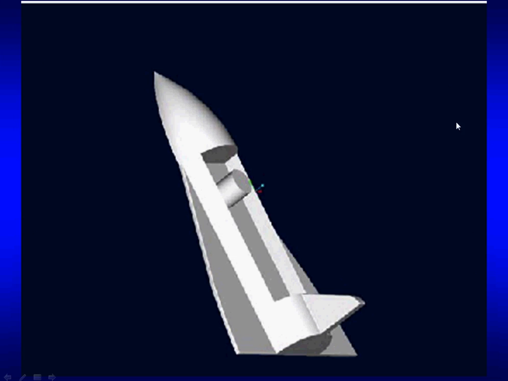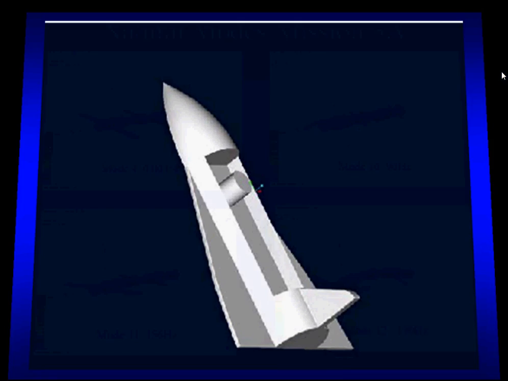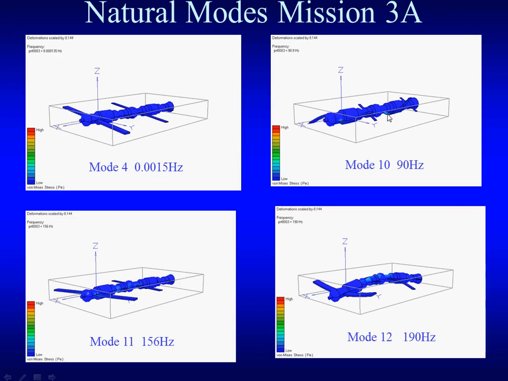And this is a different picture of the basic model of the space shuttle. And this has different modes of vibration. You have mode 4 at 0.0015, and then you have mode 10 at 90 hertz, one at 156 hertz, and one at 190 hertz.